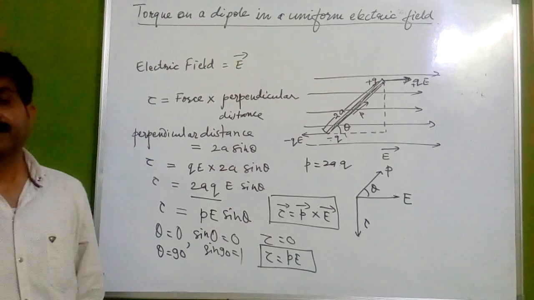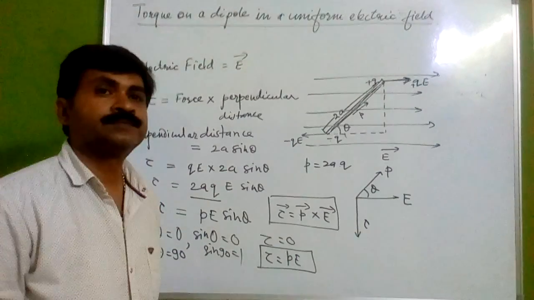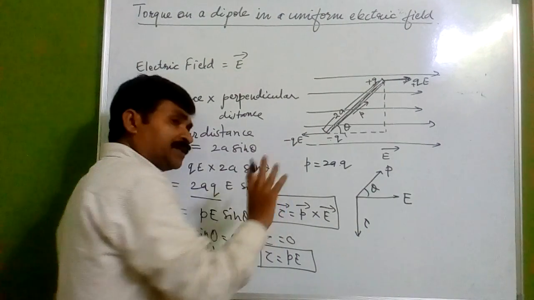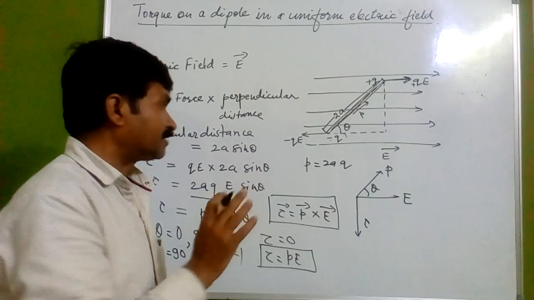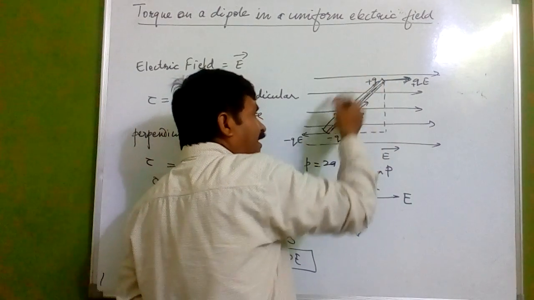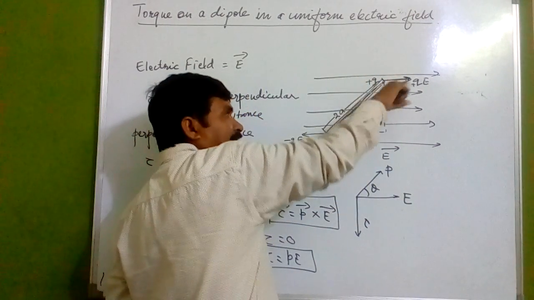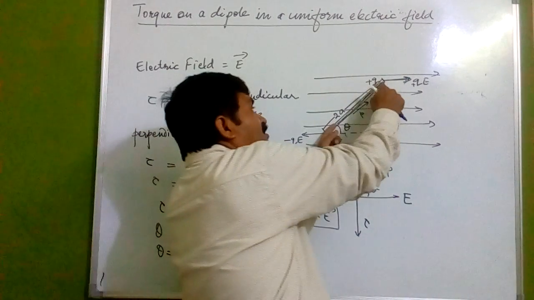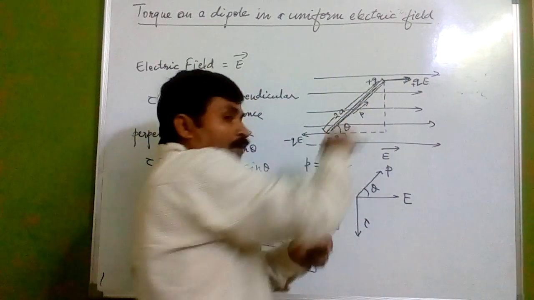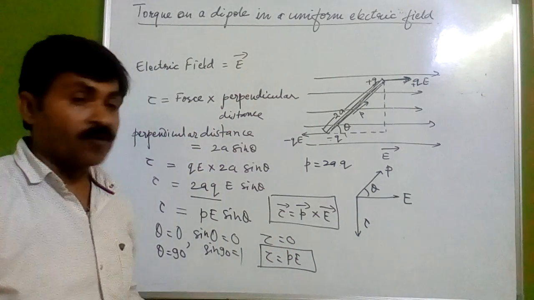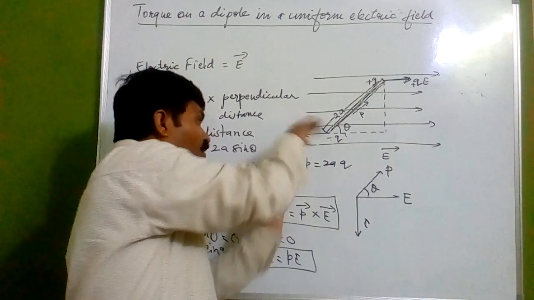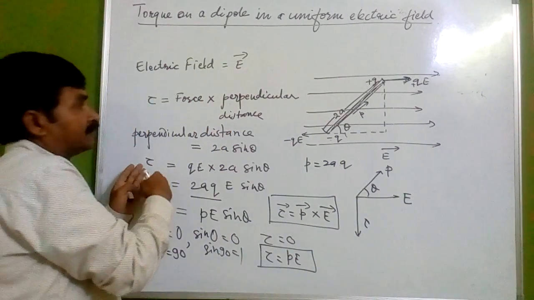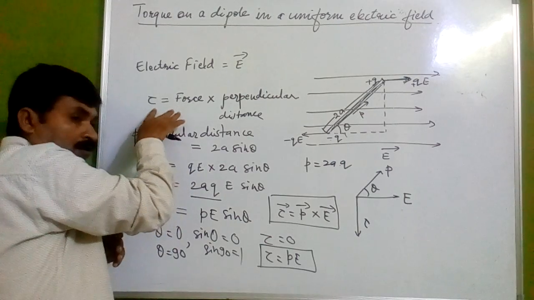One thing I want to mention here: the net resulting force acting is 0, but the forces acting at different points of the dipole make it move, and that gives us the torque.